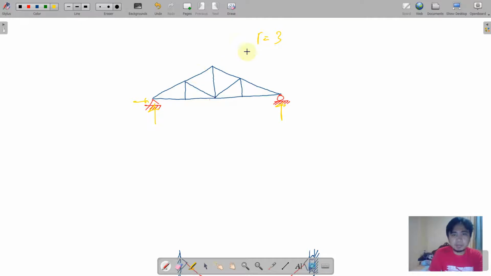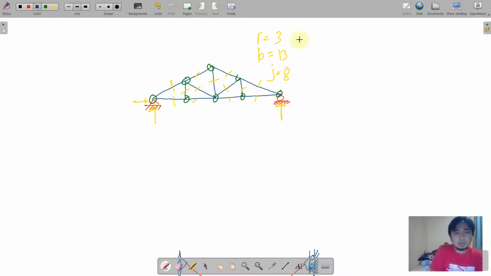So for the number of members, this is b. 1, 2, 3, 4, 5, 6, 7, 8, 9, 10, 11, 12, 13. So we have number of bars to be equal to 13. And for the number of joints, 1, 2, 3, 4, 5, 6, 7, 8. So there are 8 joints here.